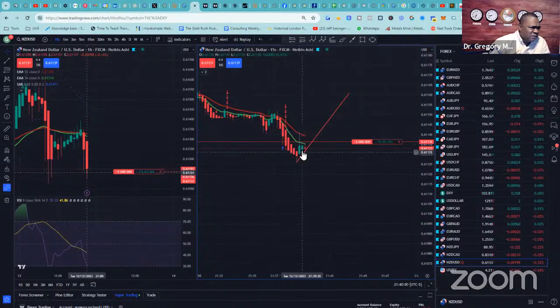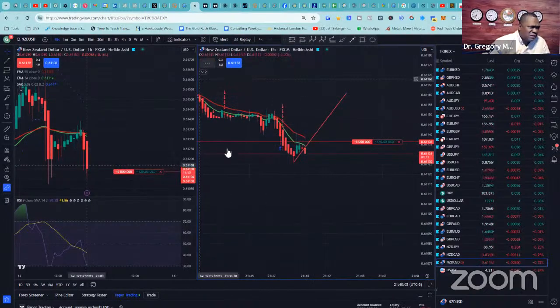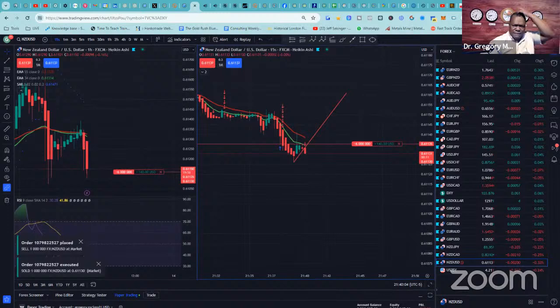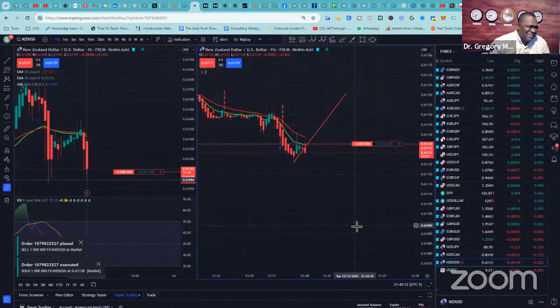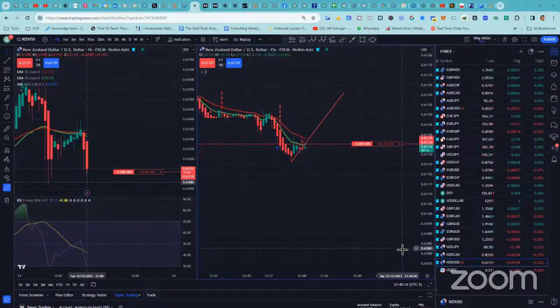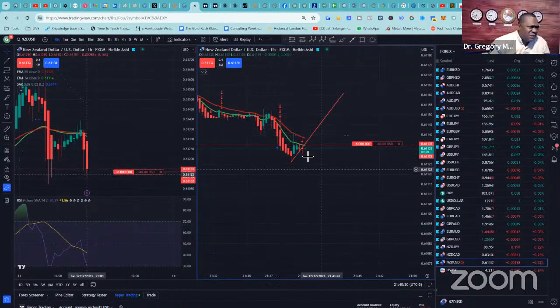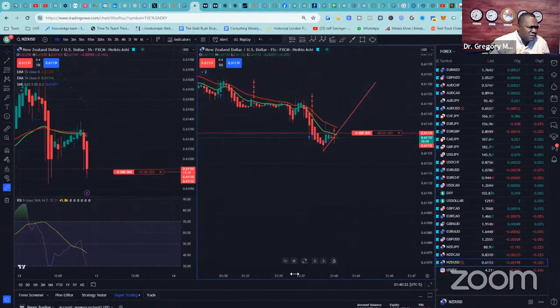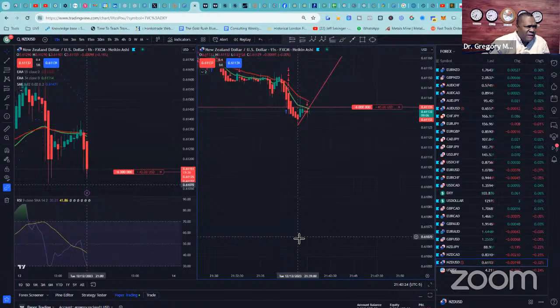Long wick. Rally against the trend. Fire away. Holy smokes, man. Need to stay bearish against that wick. Got the flag.